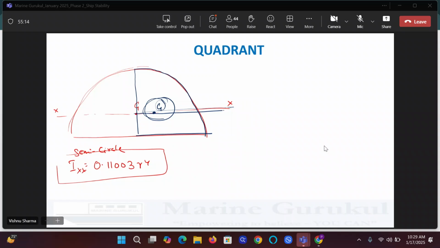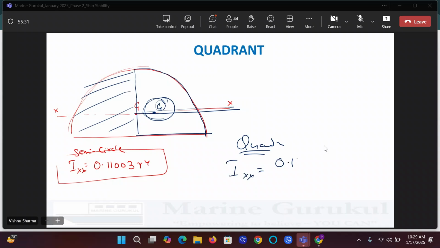We are retaining the same axis, but we are removing half the area from the semicircle. So what will happen? For quadrant, IXX will be nothing but half of what it was for the semicircle.